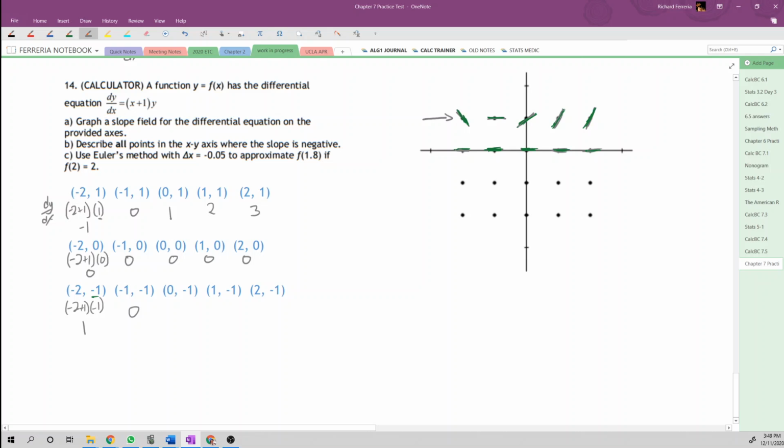That's going to be 0. This was positive 1, so down over here we get -1, -2, and -3. So this row down over here, where y equals -1, is basically the reverse of this line up here, where y equals 1. We got one more row to do.